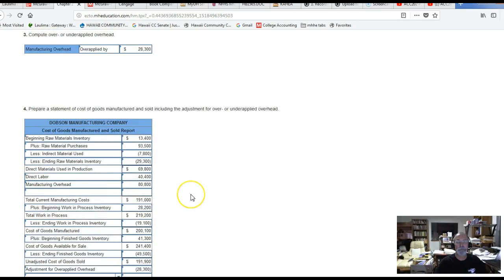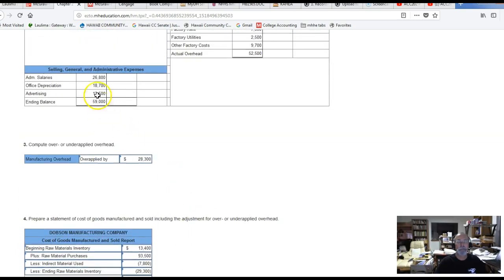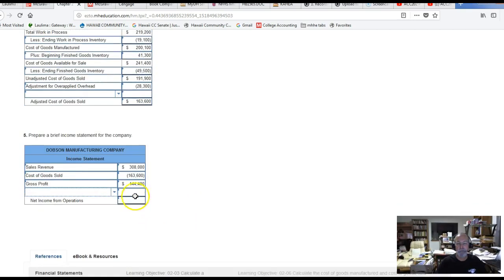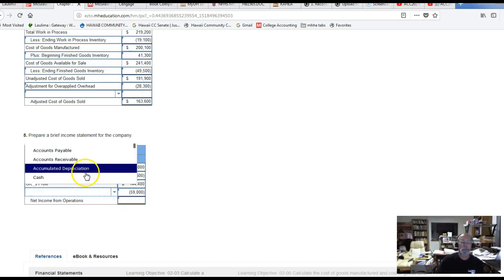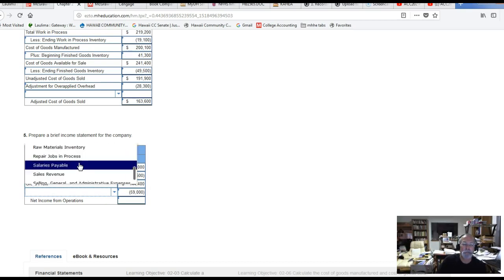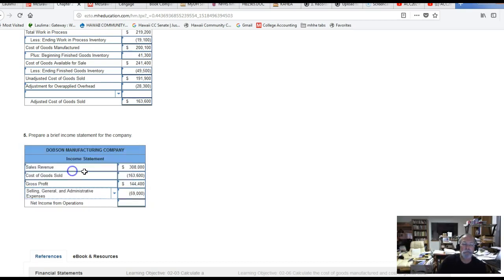And then finally we subtract out our selling, general, and administrative expenses of 59,000. Selling, general, and administrative salary expense. Here, this is the one we want. Selling, general, and administrative expenses to give us our net income.